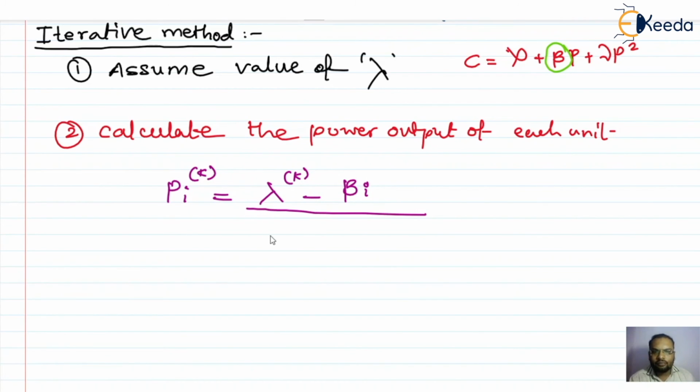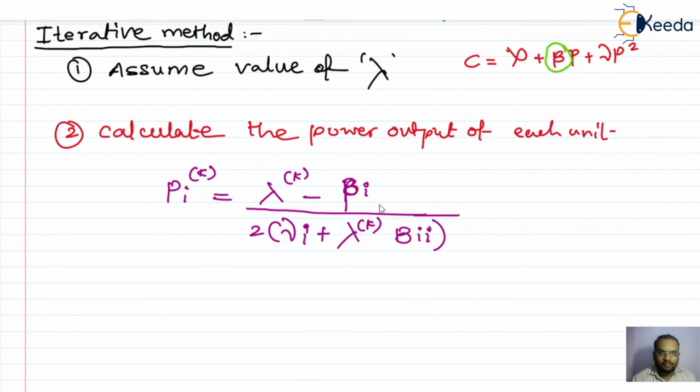Divided by 2 into gamma I plus lambda in the kth iteration into B_ii. Don't get confused between this beta and B_ii. You can remember the difference this way: B has two numbers in the suffix, and beta has only one.